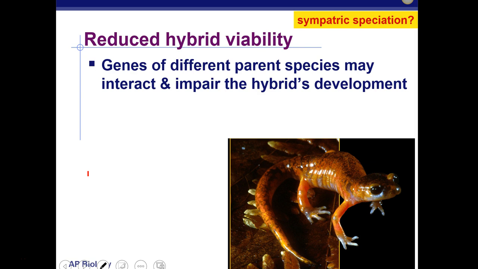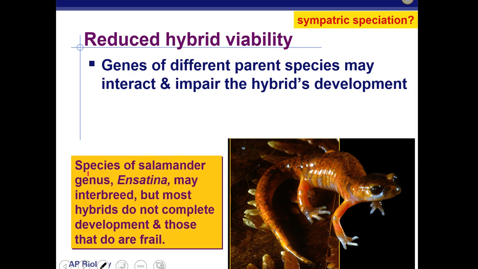So let's start out with reduced hybrid viability. Yes, the sperm and egg came together. Yes, the offspring was born, but the child does not go through puberty.